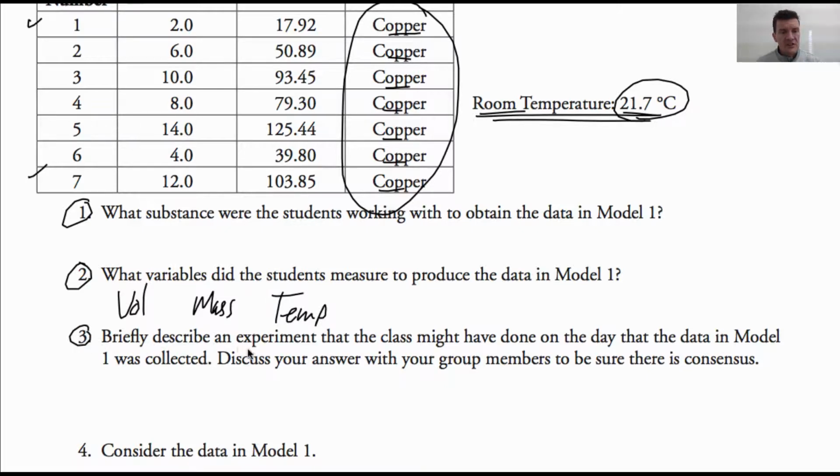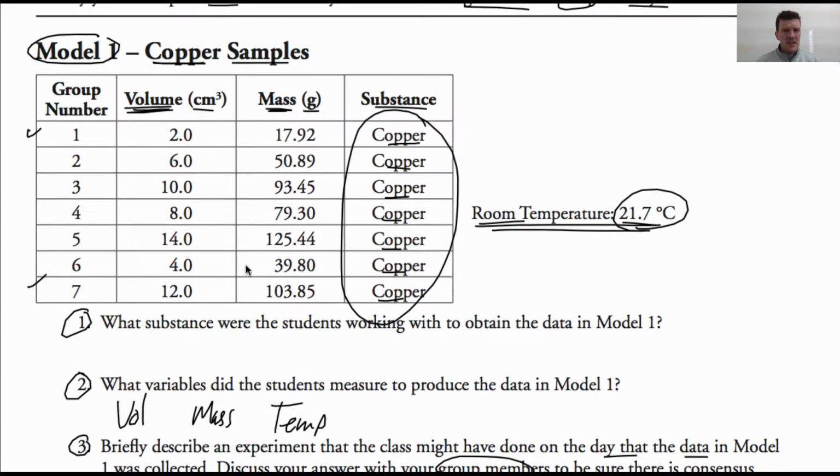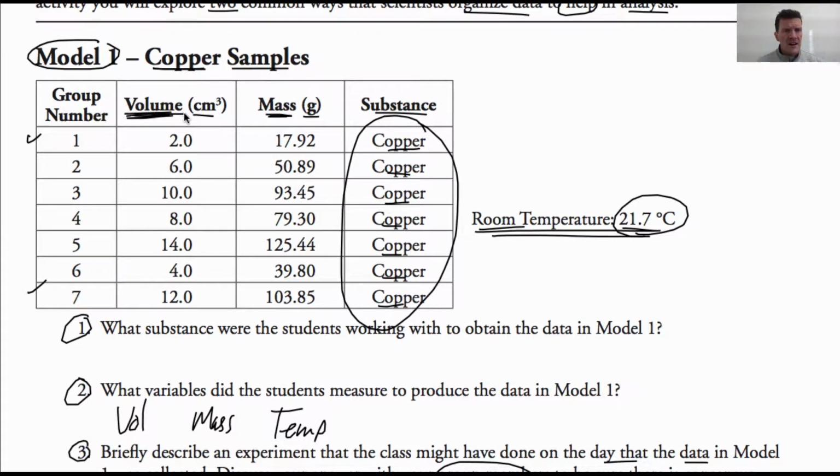Number 3, briefly describe an experiment that the class might have done on that day that the data in Model 1 was collected. Discuss your answer with your group members to be sure there's consensus. Well, you may not have group members there, but we can talk about it here, and if you do have somebody there that you can discuss it with, you can do that. But basically, you're looking at this and you're saying, okay, well, they are looking at volume and mass and different samples of copper at the same temperature.